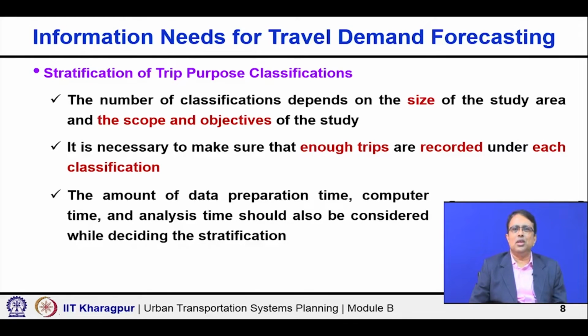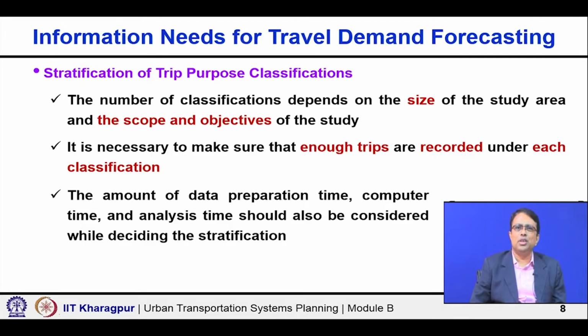Remember one thing, if we are making classifications, for each classification of trips we need adequate data, otherwise we cannot treat these kinds of trips separately in our whole analysis. So, that is one very important thing. You should know how much resource you have, what computer time is available, how much time you can spend on data preparation.